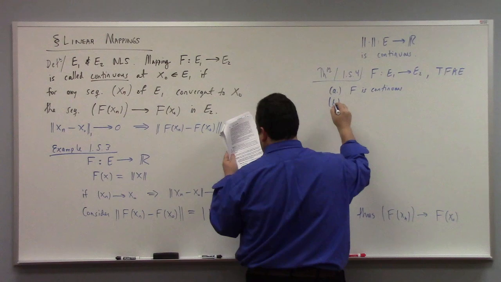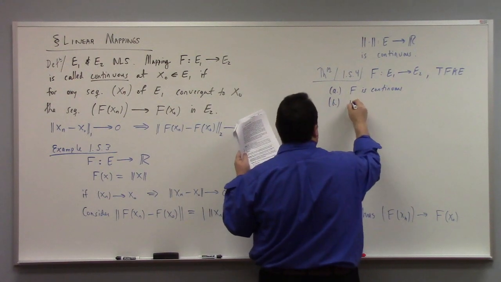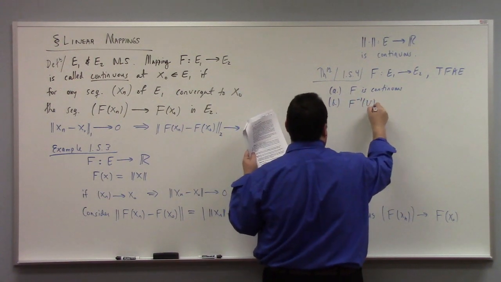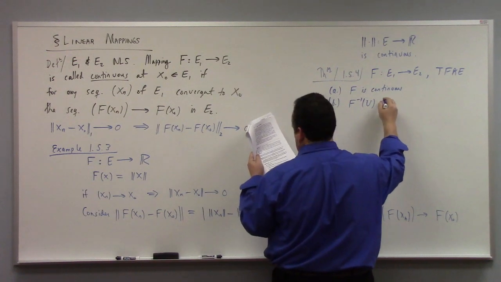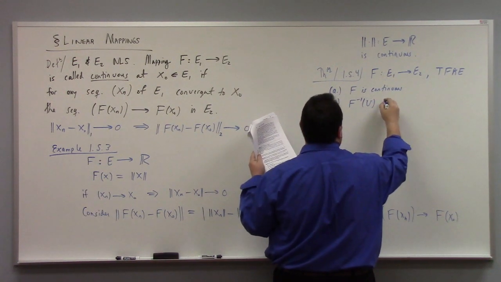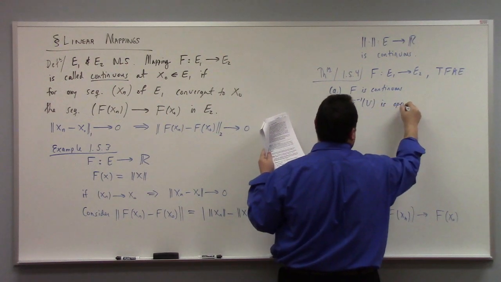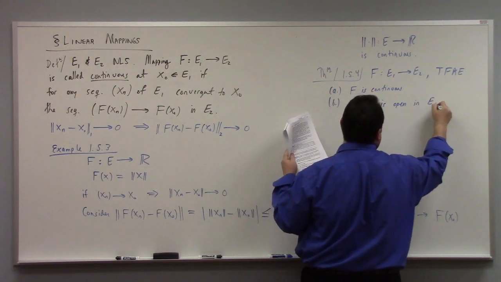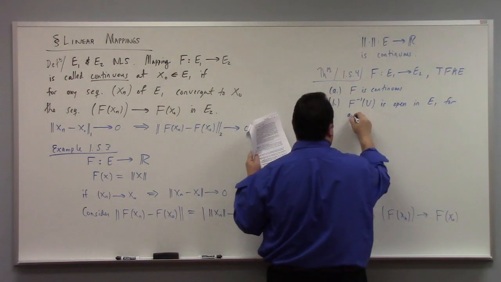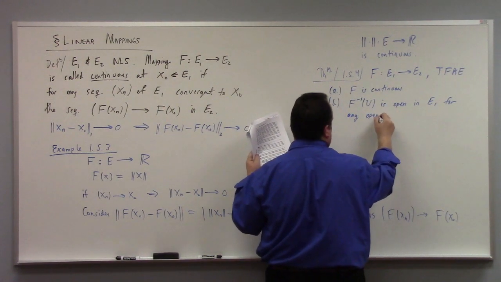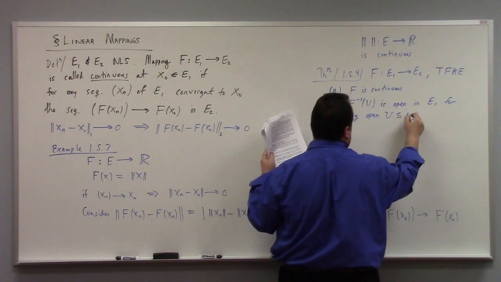B, F inverse of U is open in E1 for any open U subset of E2, all right?